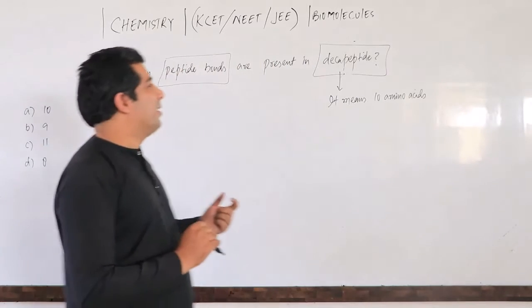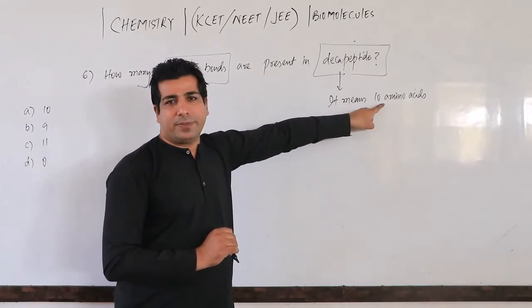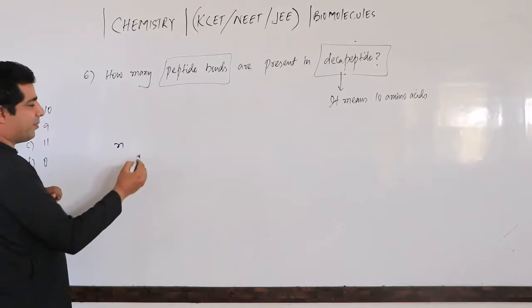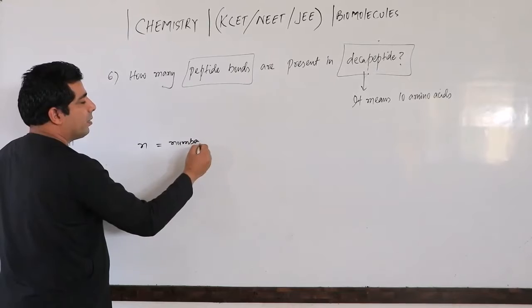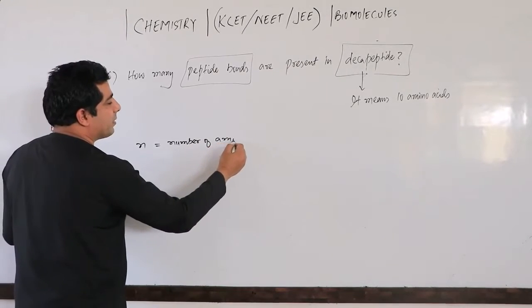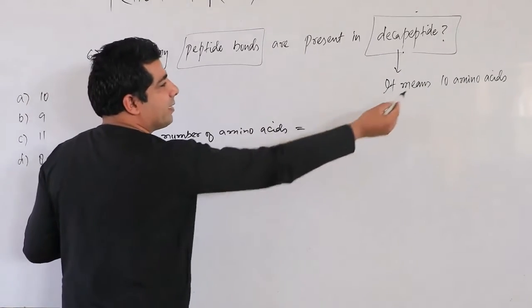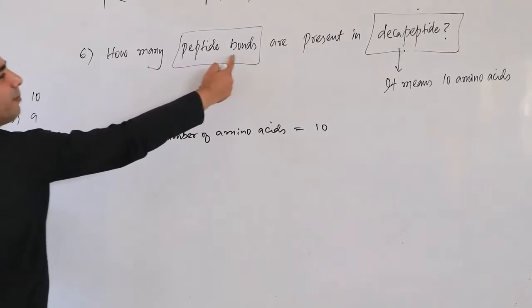Have a look. So decapeptide basically means 10 amino acids. Remember, N stands for the number of amino acids, and we know we have 10. Then I have to find out the peptide bonds.